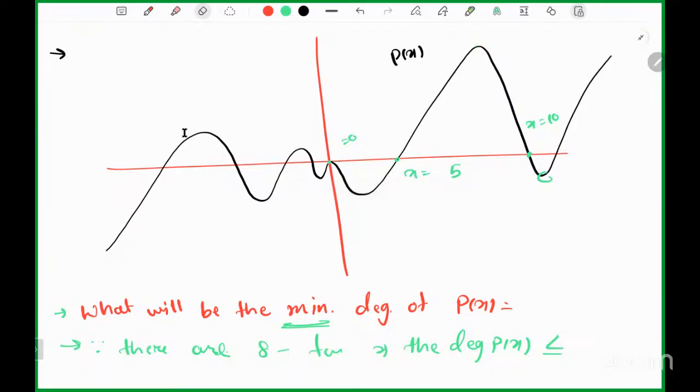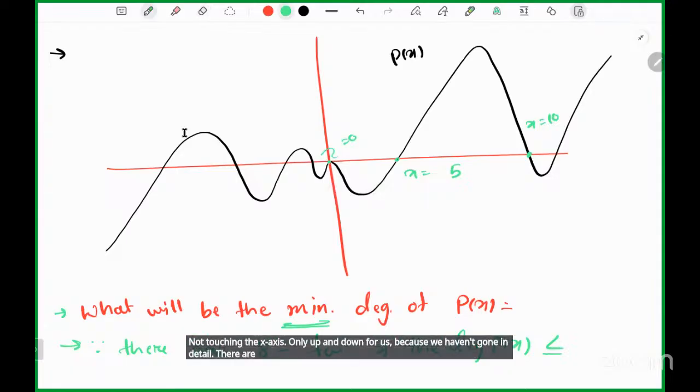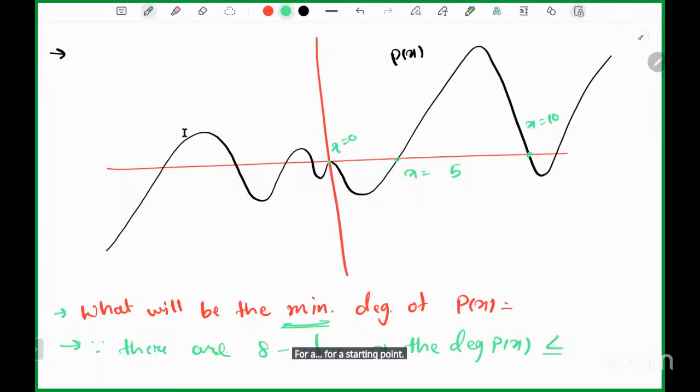Only up and down for us, because we haven't gone in detail. There are actually other things too, but for a starting point, the turning point means this curve pattern only. That's all. So that means the minimum degree of this polynomial could be 9.